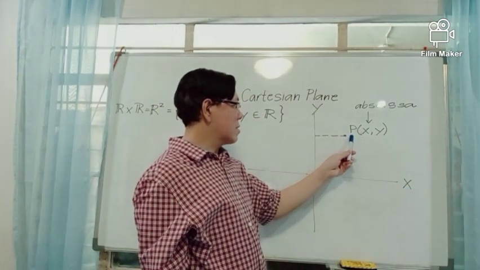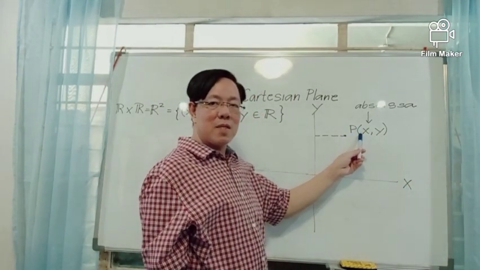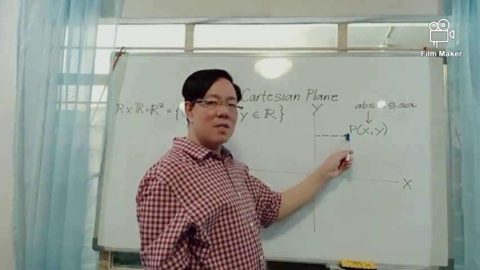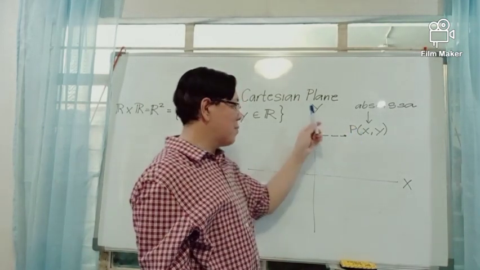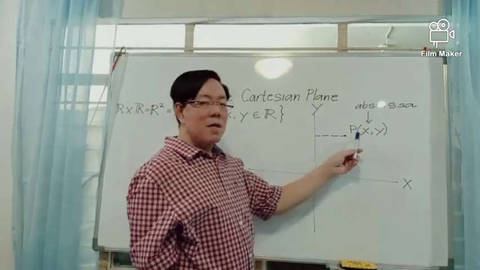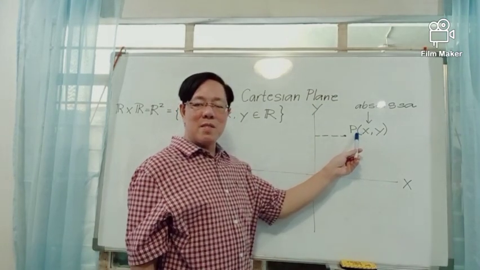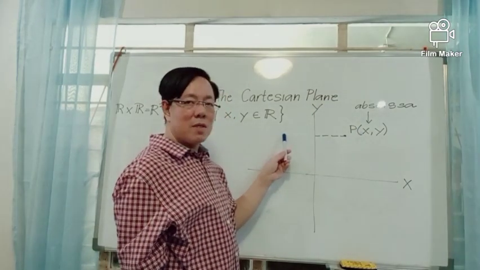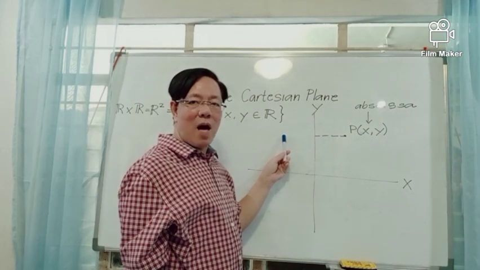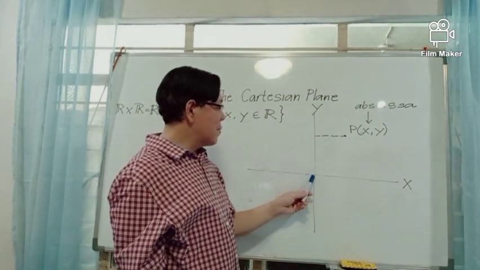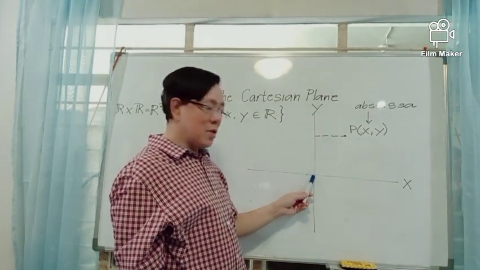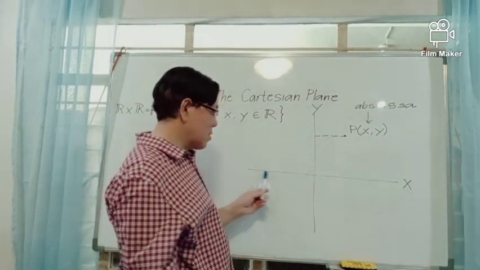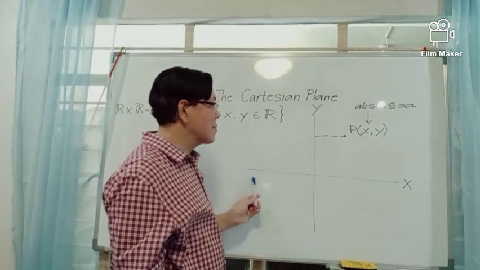So this point has a positive abscissa and the point is to the right of the vertical axis. If the abscissa of point P is negative, that means the point is to the left of the y-axis. The numbers to the left of this point of intersection are negative.